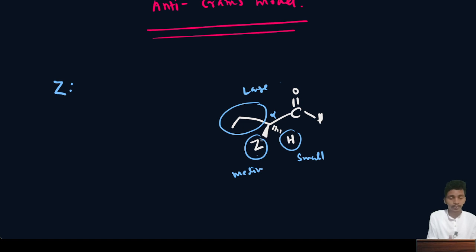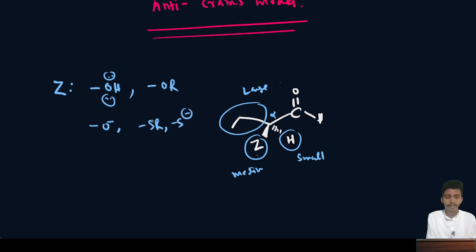Like in the oxygen case, two unshared lone pairs are there. So Z may be OH, or OR, or O minus, or SR, or S minus, any group which has an unshared lone pair.